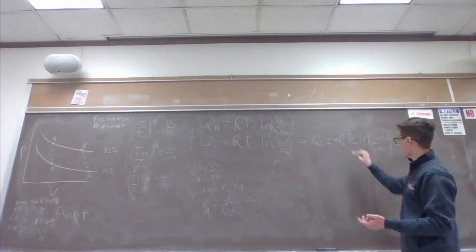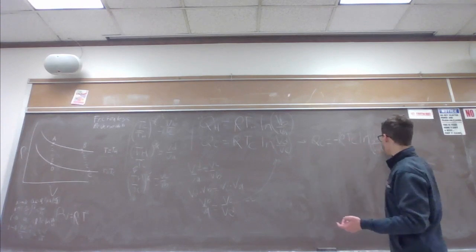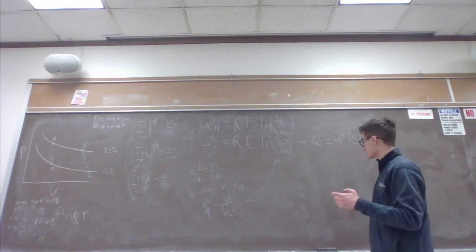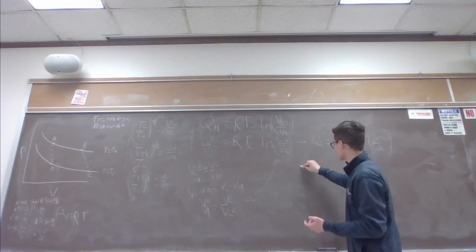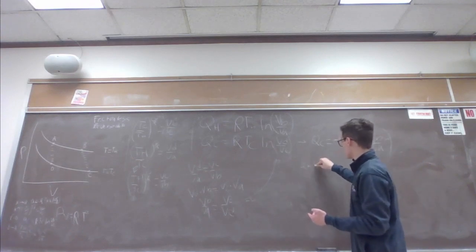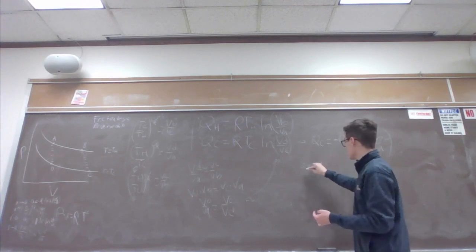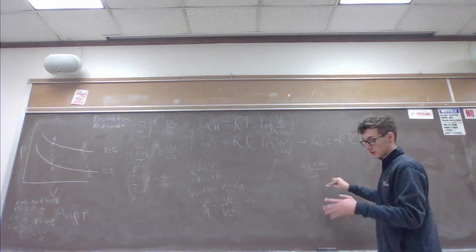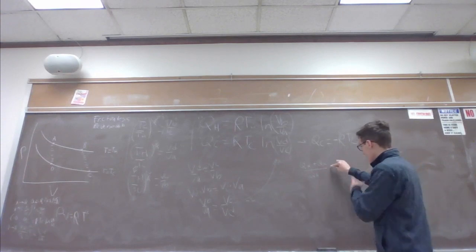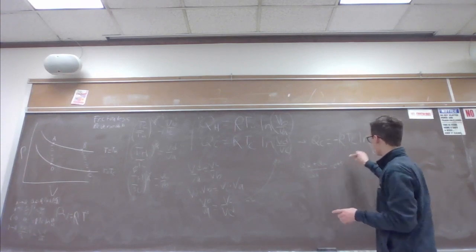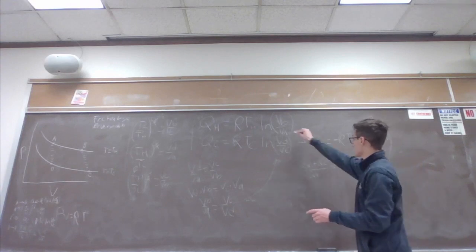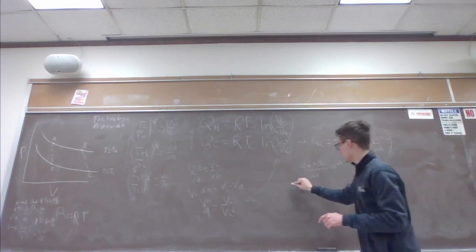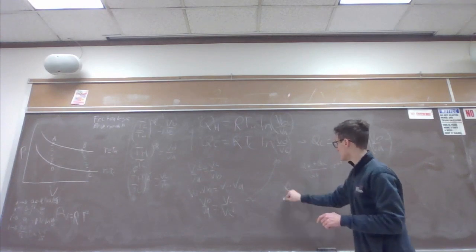And what do you notice? We have this with the same ln as what we have here. And the work done by the engine is otherwise known as QH plus QC. And then we want to divide by QH to get the efficiency of our engine. Okay, and that equals the efficiency. And if we were to plug this in, we would have R minus R, so the R is gone.